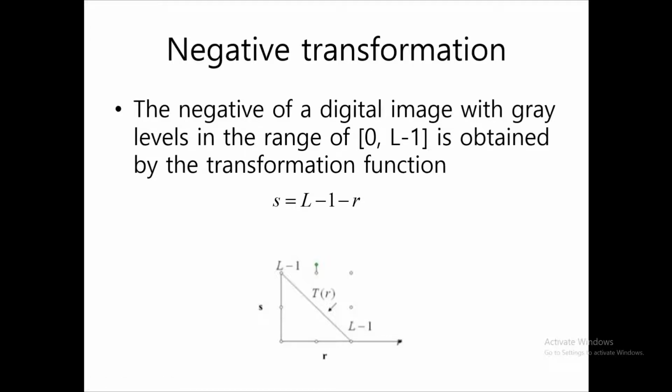and that means the low intensity values, which are visible as dark pixels in the image, are transformed to bright pixels.